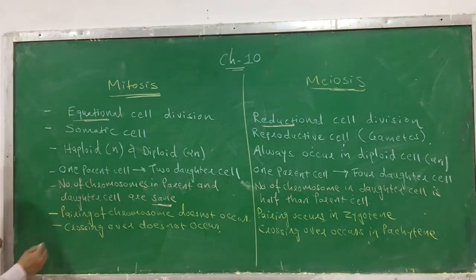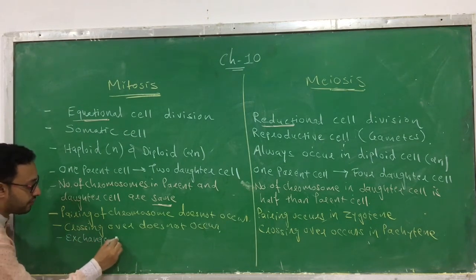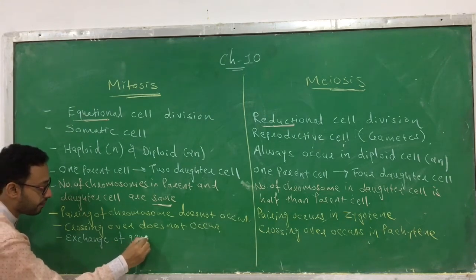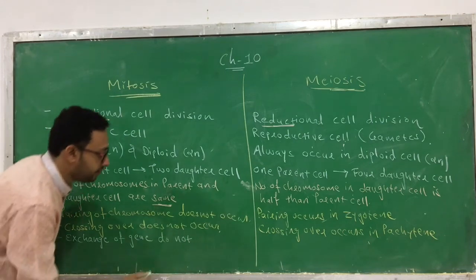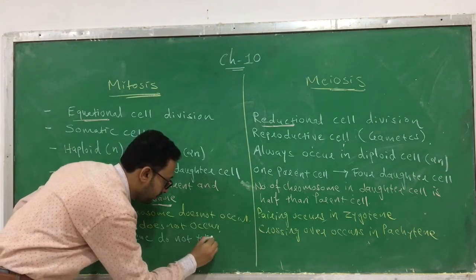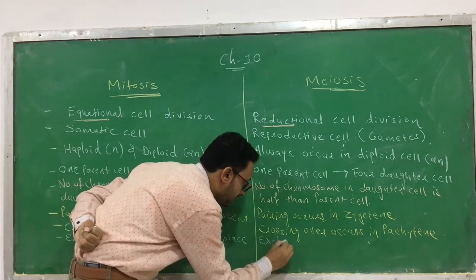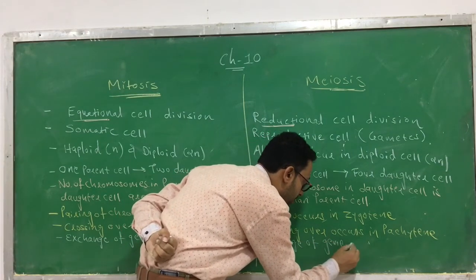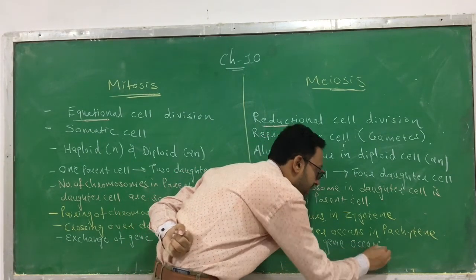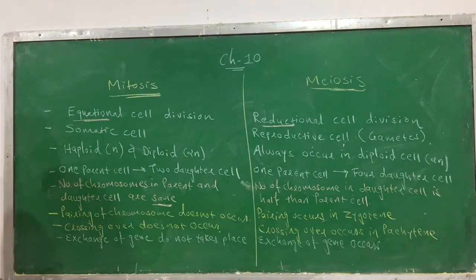Next, another difference. Here there is no crossing over, so the exchange of genes does not take place. Here the exchange of genes occurs, and that also occurs in the same phase, that is what we are calling the pachytene phase. Okay, so this is a difference.